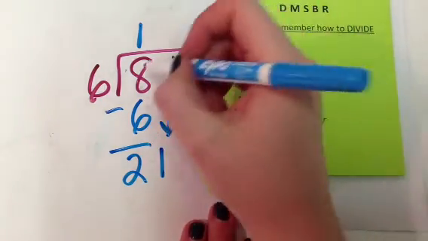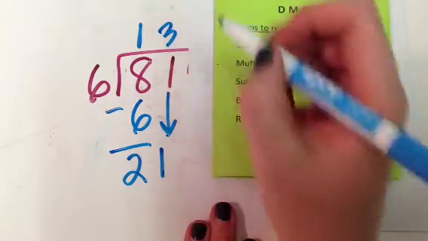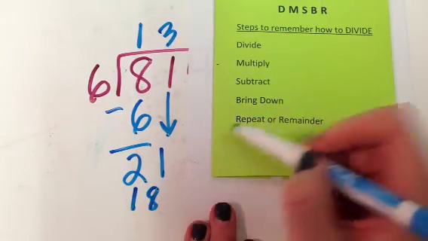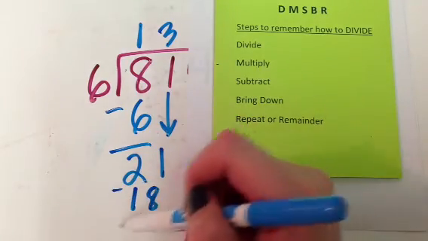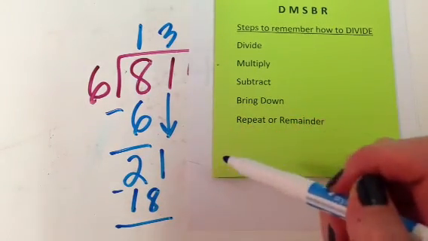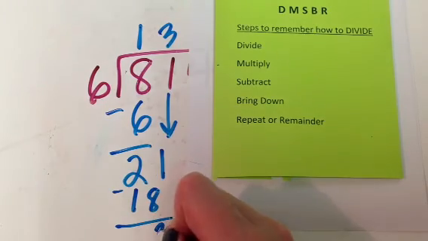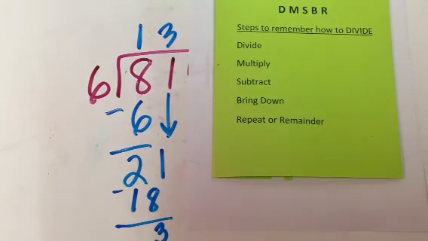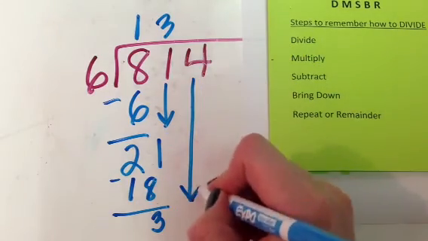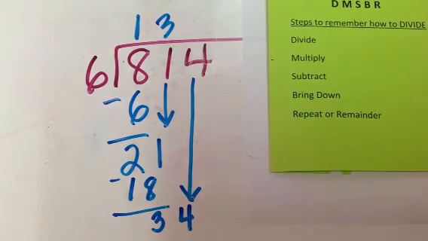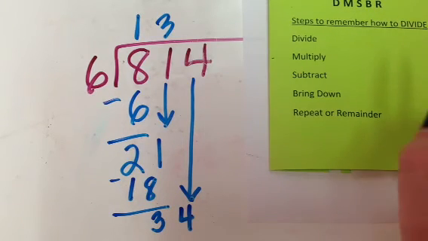That's funny. 6 goes into 21 3 times, right? Which is 18. So that was my divide and my multiply step. Now I'm going to subtract. 18, 19, 20, 21, I have 3 left over. Now I'm going to bring down. How many times can 6 divide into 34? That's my divide question.